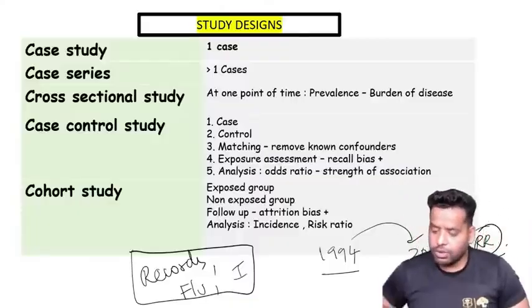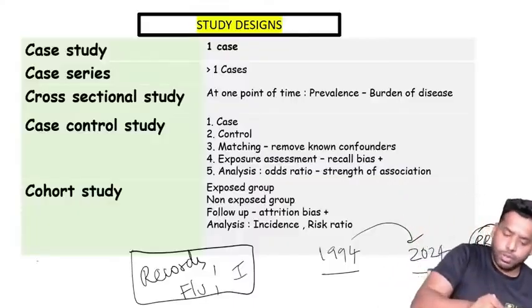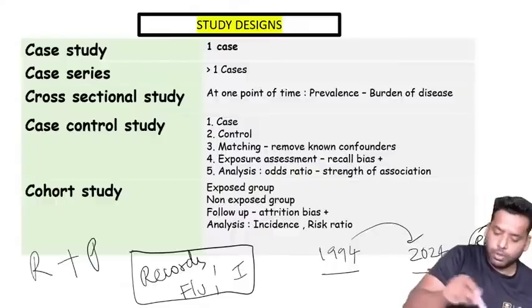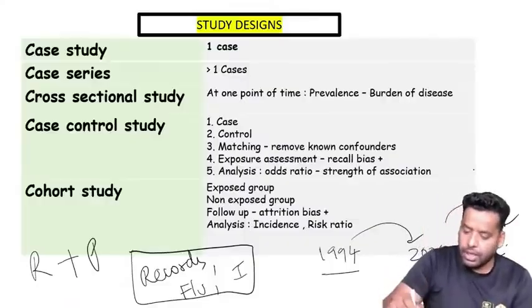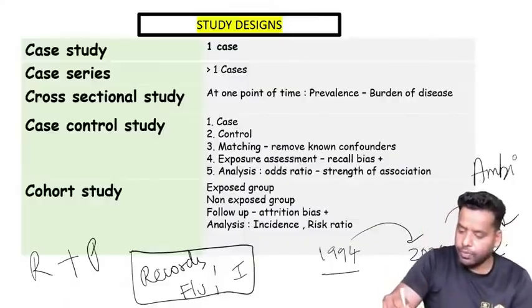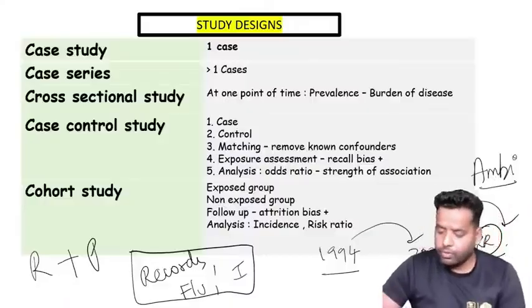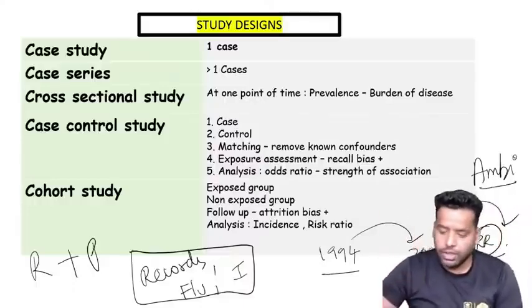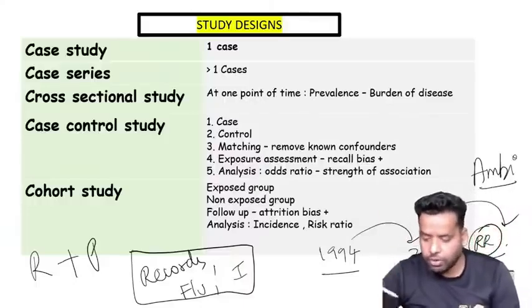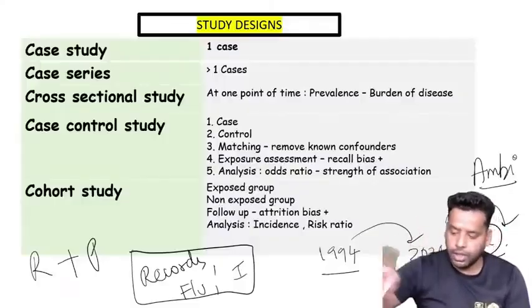When you mix both retrospective component plus prospective component later, that is ambispective cohort study. Ambispective means both. In 2024 you are having something like COPD and you are continuing till 2044 to check the progression. You are having both components. That is ambispective, like amphibian, two things together.